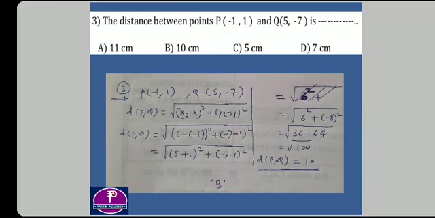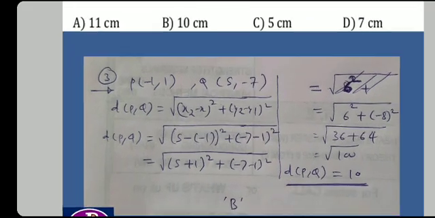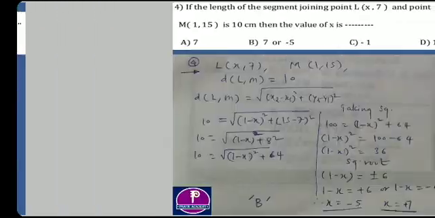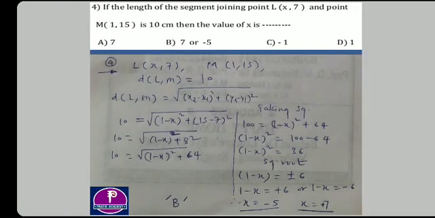Then the distance between point P (-1, 1) and Q (5, -7). So two points are given, just simply use the distance formula. We get PQ is equal to 10. If the length of the segment joining point L (x, 7) and point M (1, 15) is 10 centimeter, then find the value of x. So again use the distance formula.